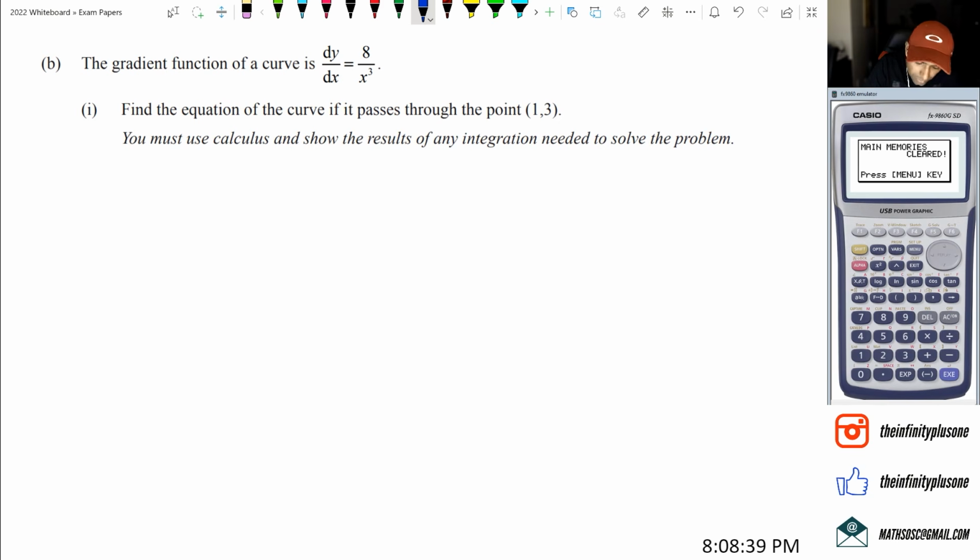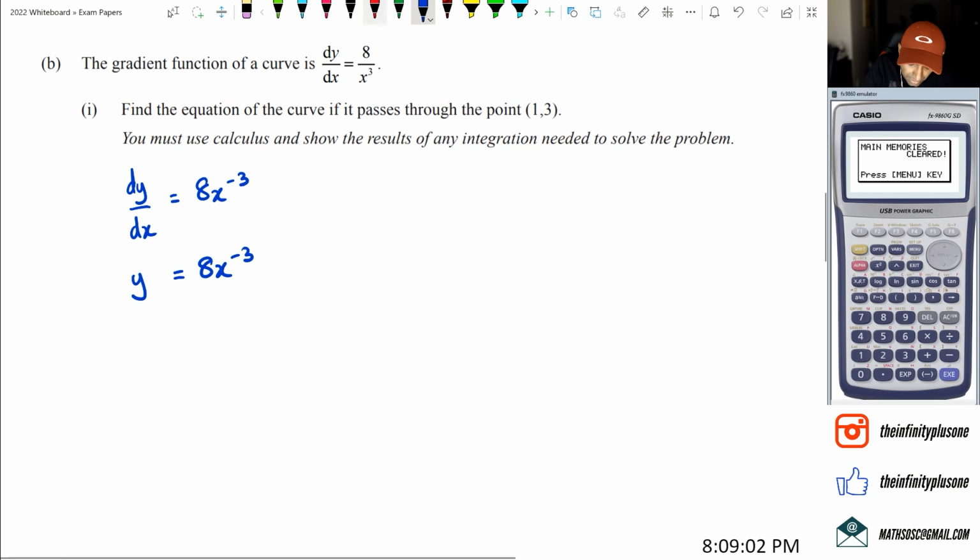So we're going to write down dy dx, and we're going to bring the x to the numerator with a negative power. Once that's done, we integrate both sides, which means when we integrate dy dx, we get y is equal to 8x to the power of -3 plus 1, and -3 plus 1 is going to be my new denominator, plus c.